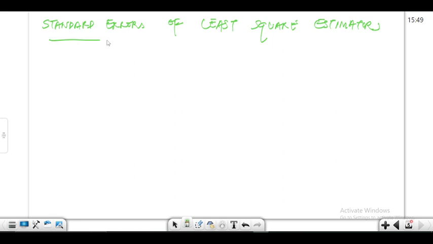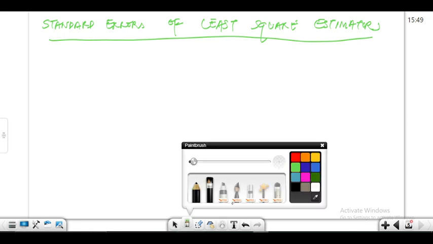So standard error is basically a standard deviation. Since we are doing repeated sampling, we are taking multiple samples, and through those samples we are estimating beta 1 and beta 2 by different values of beta 1 hat and beta 2 hat. From every sample I'll get a set of beta 1 hat and beta 2 hat.